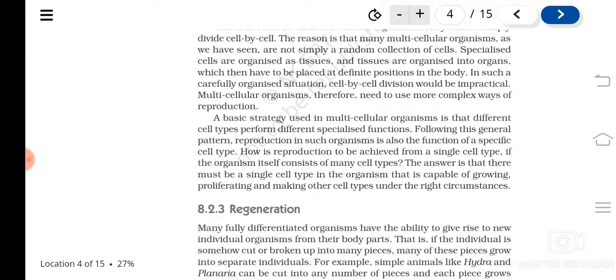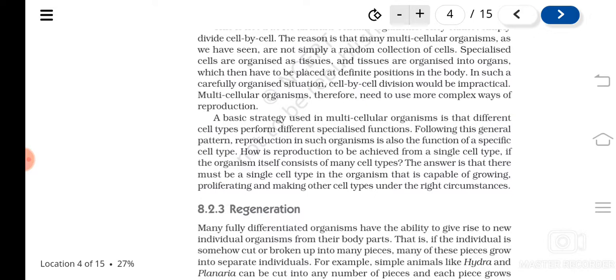So in this kind of organism, binary fission or simple methods of reproduction are not possible. They have to adapt some higher types; simple cell division will not be enough for them.